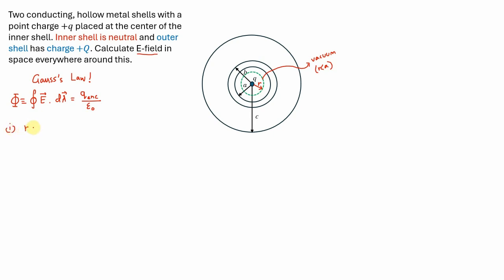For r less than A, Gauss's law we can write out as the integral of E dot dA, which is just E dA cosine of the angle between them. Now, let's see what the angle becomes. The angle is between the electric field vector and the area vector. The electric field for this positive charge inside my Gaussian surface is radially outward.